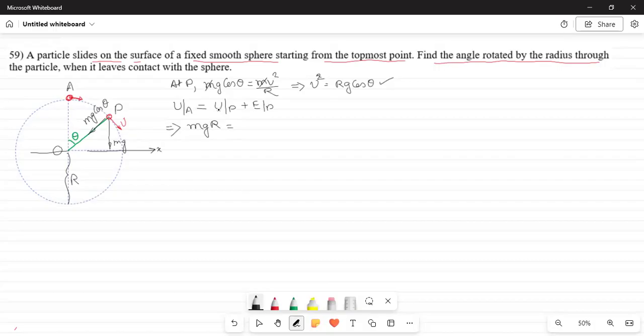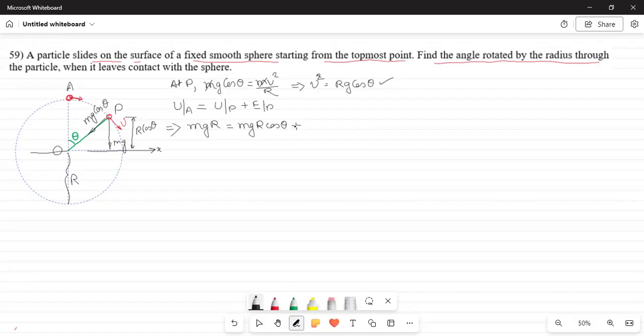equal to potential energy at P, which is mg times the height. And what is this height? This height is r cos theta. So this is mg r cos theta.